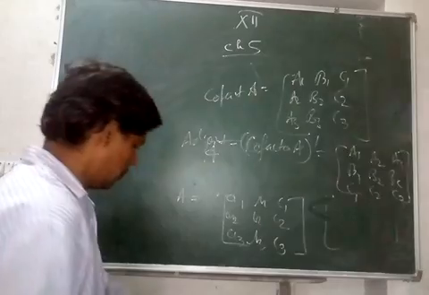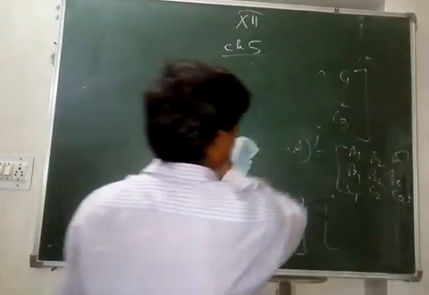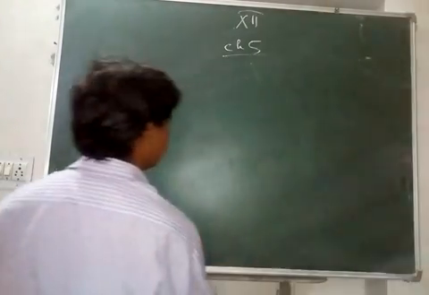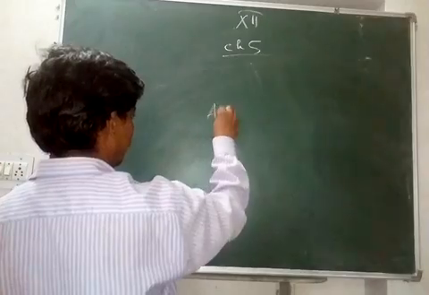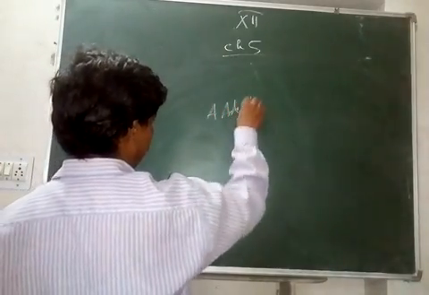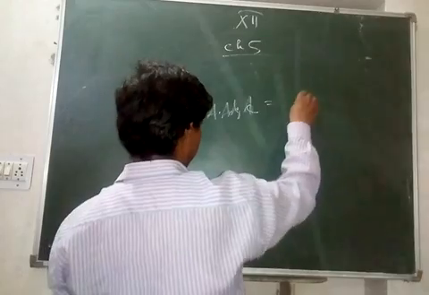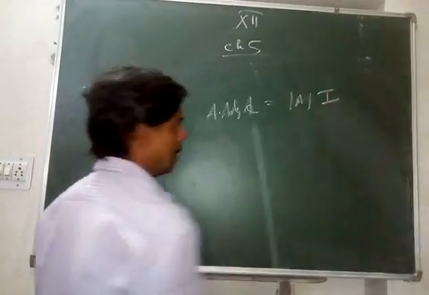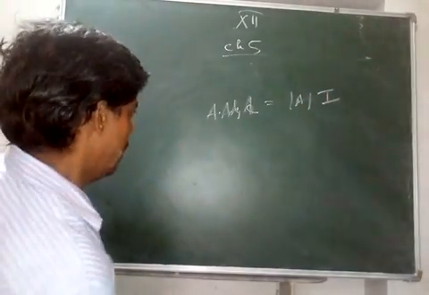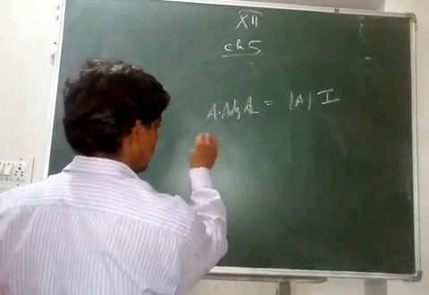Okay, so we are considering this property A into adjoint A. If you multiply these two matrices, you will get determinant of A into I. This is the property. And how is it useful? See, it is useful like this.